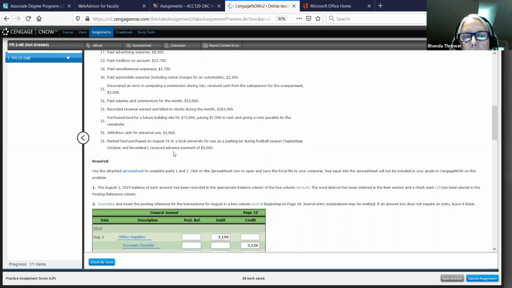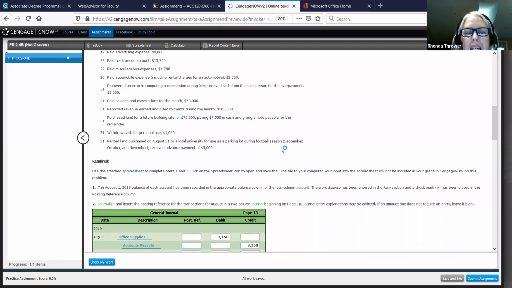So first of all, we're receiving cash because we rented out a parking lot to the university so that they can use it during their football season. Notice we're in August here when we received the money. We've received the money up front before we've actually earned that revenue.